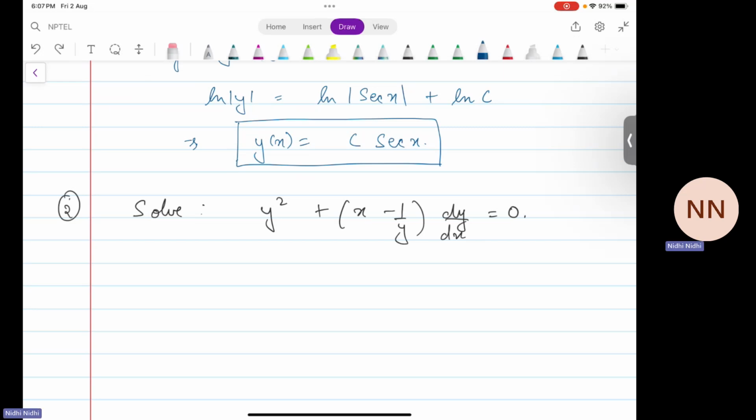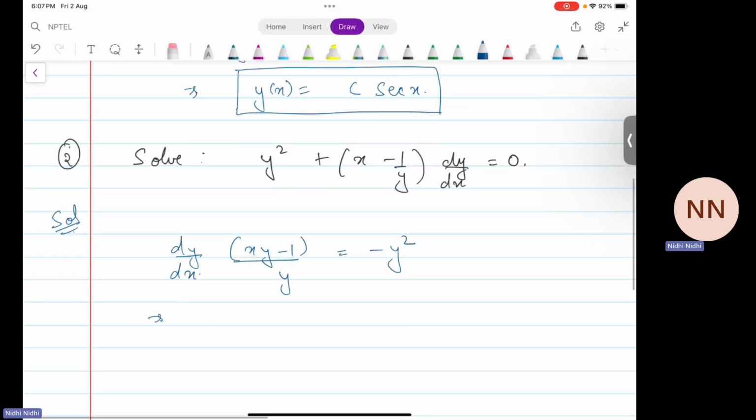So let's try to convert this problem into dx by dy instead of dy by dx, and then solve it as the linear differential equations, the way we used to do. So solution, we have dy by dx times xy minus 1 by y equals to minus y square.